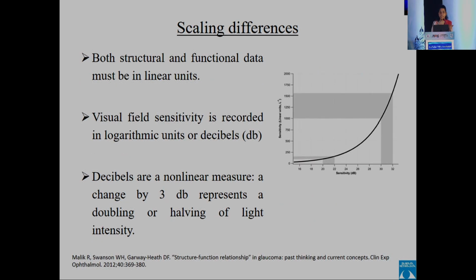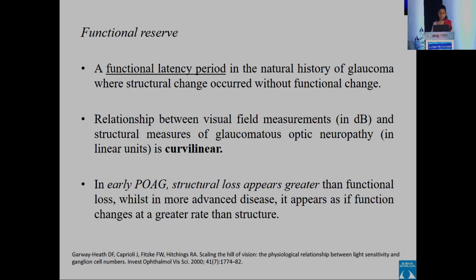Also, when we study these surrogates, we have our scaling differences. Structure is studied in linear units. Functional data, which is in perimetry, visual field sensitivity is recorded in logarithmic units. So when using logarithmic units, we have to keep in mind that they are non-linear. Decibels are a non-linear measure where a change of 3 decibels represents a doubling or halving of the light intensity.